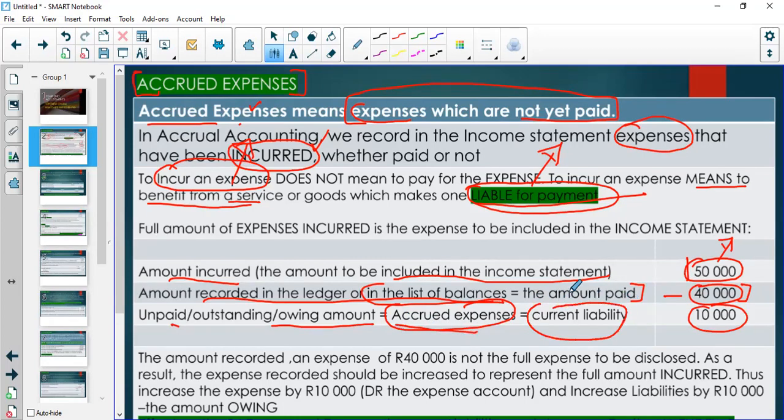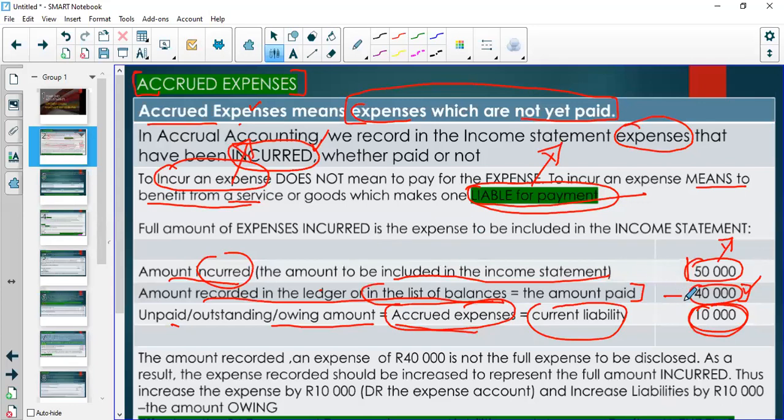So in our records, we currently have 40,000 recorded as an expense, but we know that there is a 10,000 which is unrecorded. We have to include it as well, even though it's not yet paid, because our expenses are recorded based on the amounts incurred, not necessarily the amounts paid.